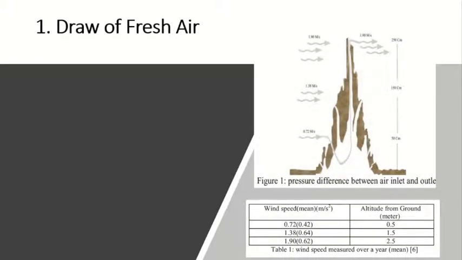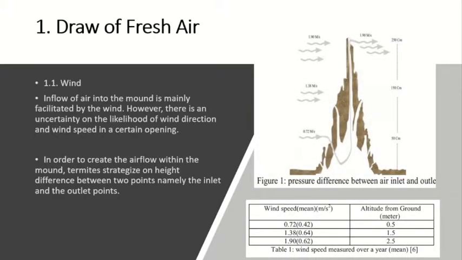So as a breakdown, the first is draw of fresh air through wind, wherein the inflow of air into the mound is mainly facilitated by the wind. However, there is an uncertainty on the wind direction and wind speed at a certain opening. Therefore, the inflow of air into the mound is not reliable on the direction and the speed of the wind towards a certain opening.